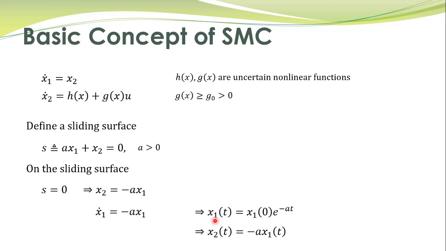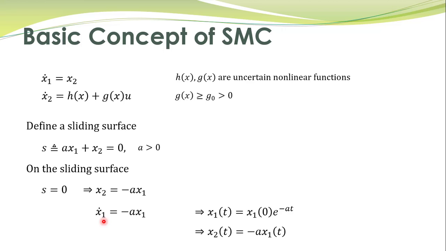The system is entirely described by this differential equation. The second differential equation is not even required. You can find x2 without this second differential equation. Only this differential equation is required. That is, the system is now described by a lower dimensional system.